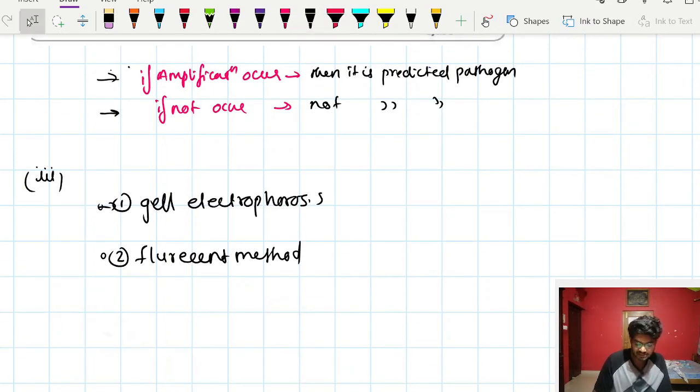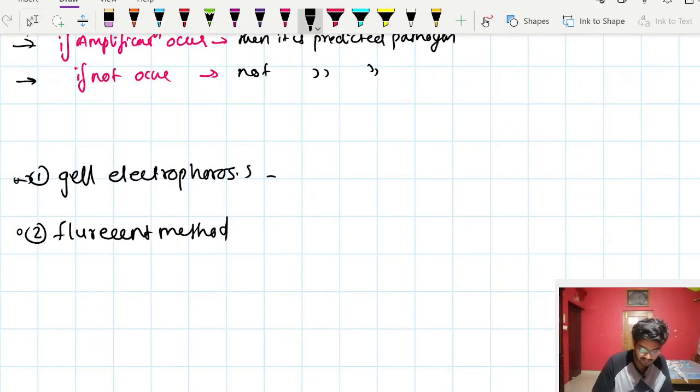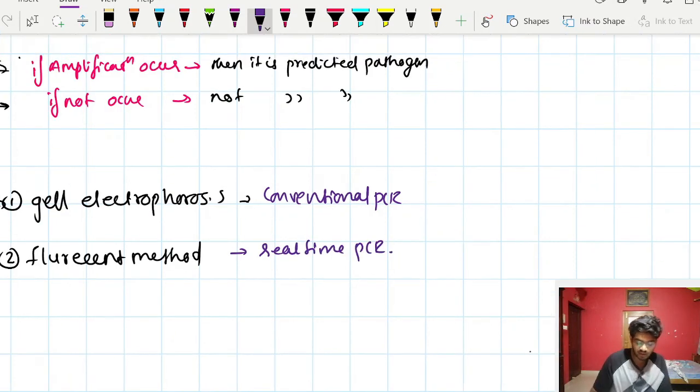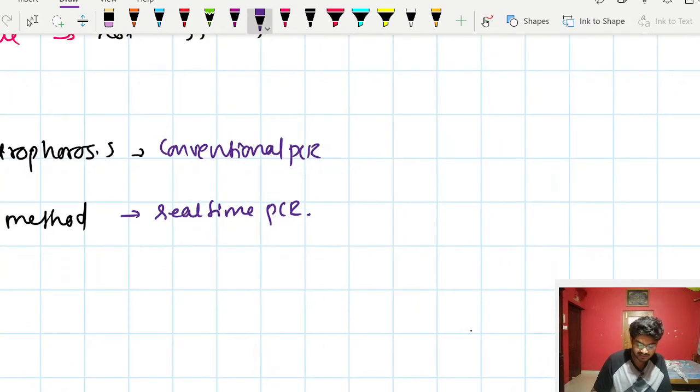We already know these methods. Gel electrophoresis is usually used in conventional PCR, and the fluorescent method is usually used in real-time PCR.